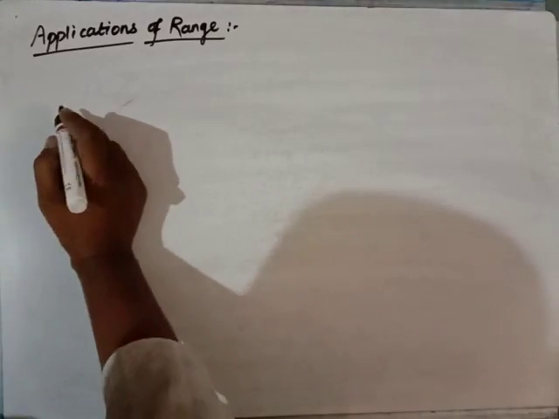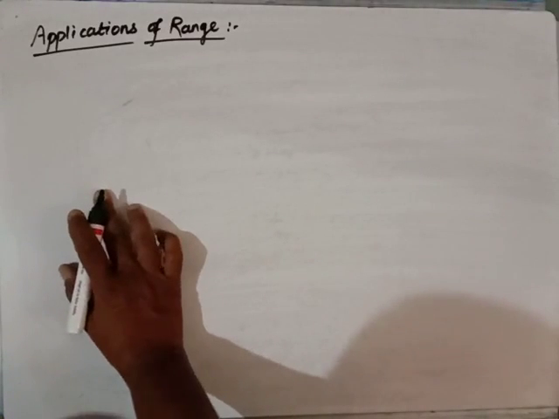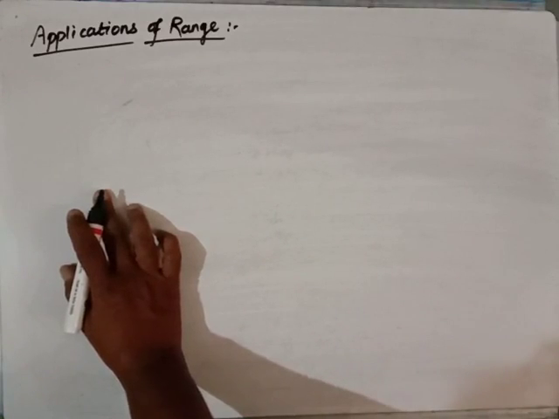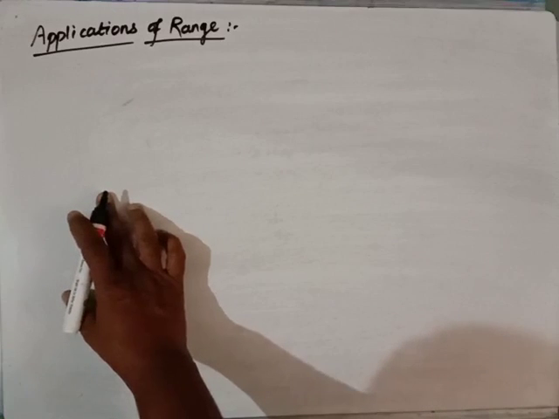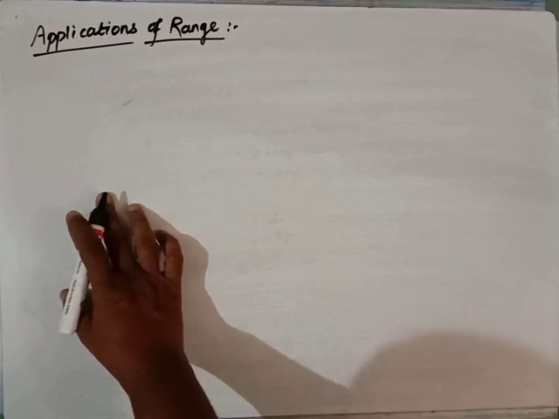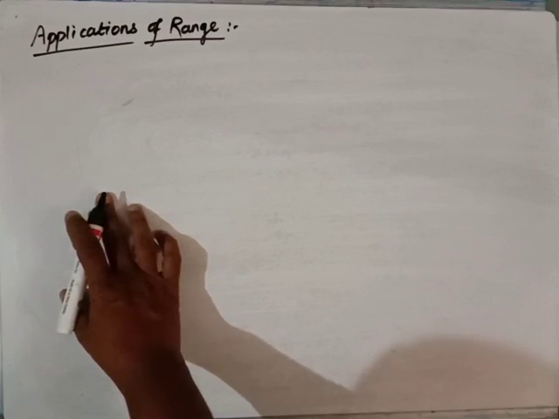Applications of range. As we said earlier, range is a suitable measure of dispersion in case of small groups with less variation and useful in situations when one wants to know only the extent of extreme dispersion. Now, some more situations where the range is used.